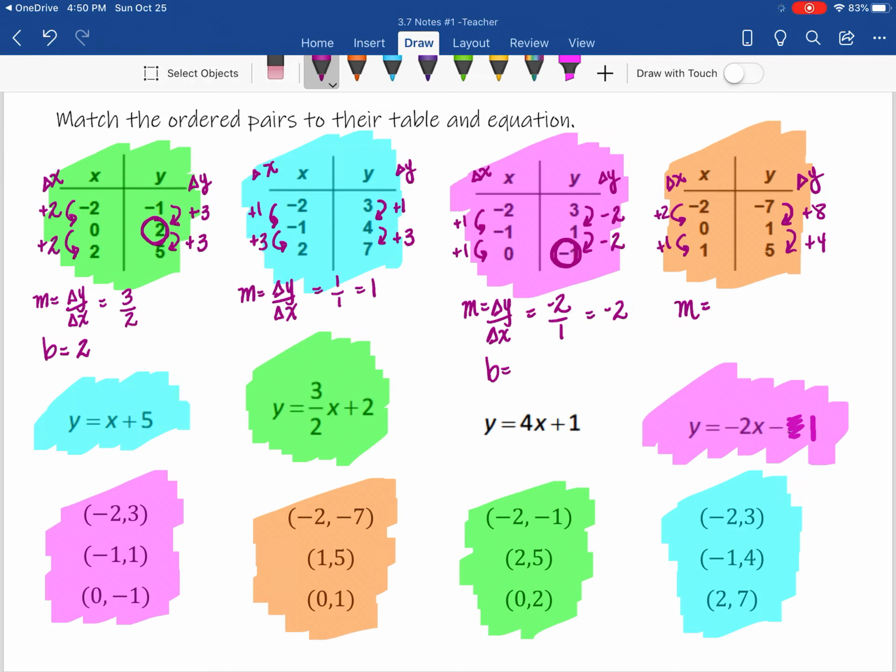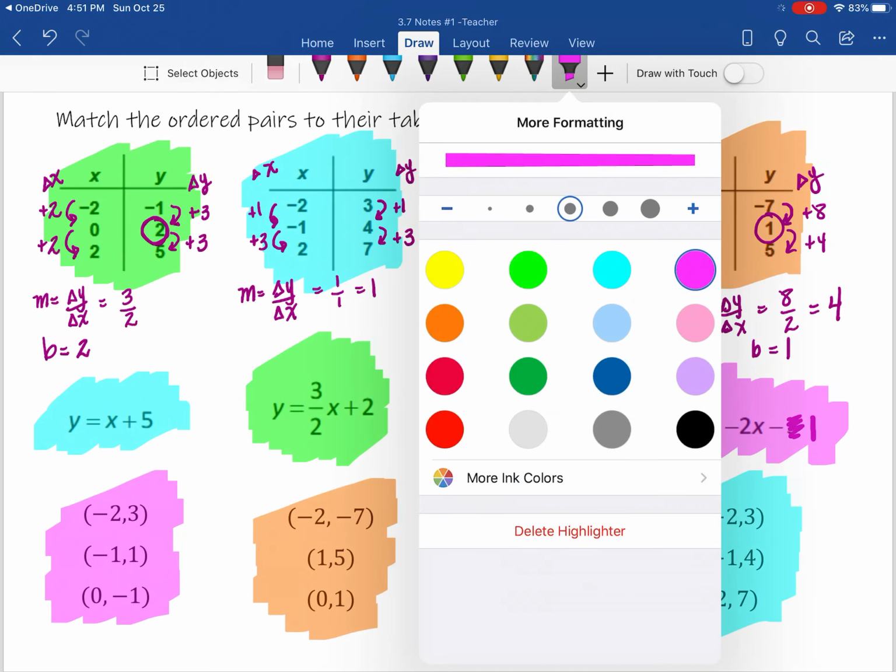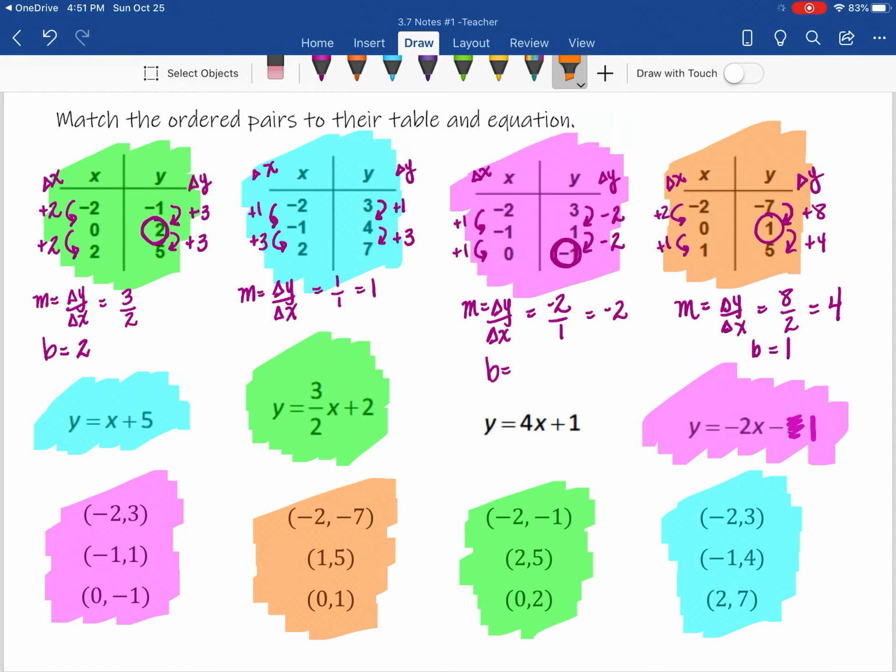Okay, so whatever pair you look at, whether you look at 8 divided by 2, or you look at 4 divided by 1, both are going to give you a slope of 4. And your y-intercept is right there in your table. When x is equal to 0, y is 1. So we are looking for y equals 4x plus 1, and by process of elimination, that was the last equation.